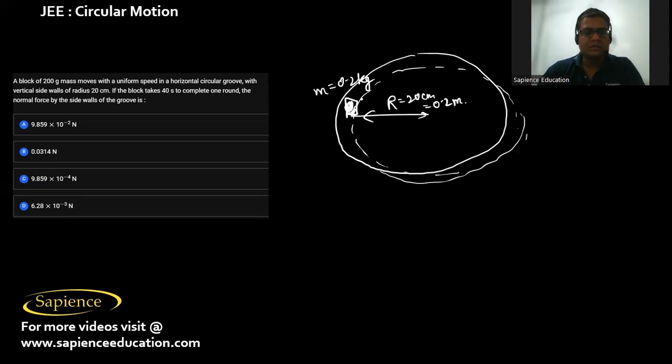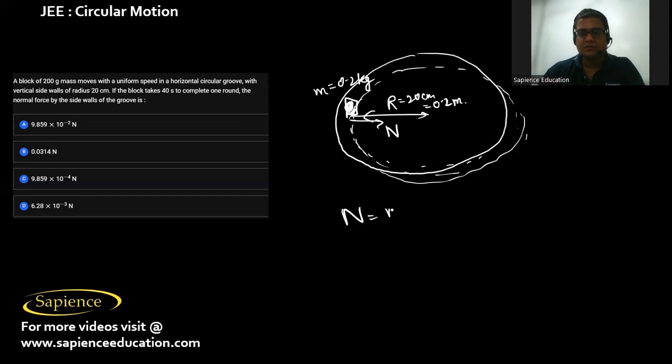If the block takes 40 seconds to complete one round, what is the normal force by the side walls of the groove? Here we should assume there is no friction.